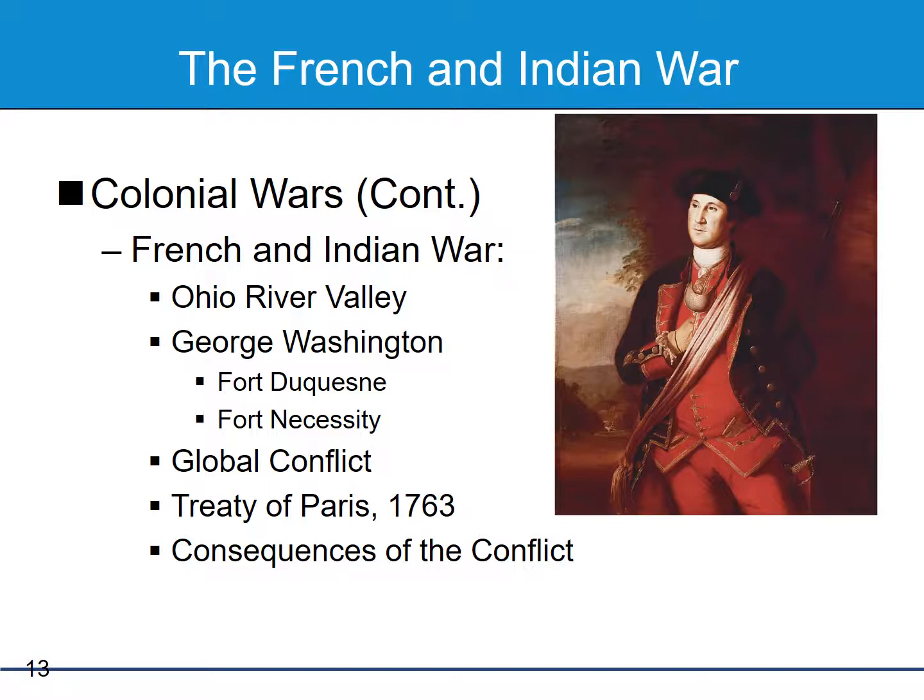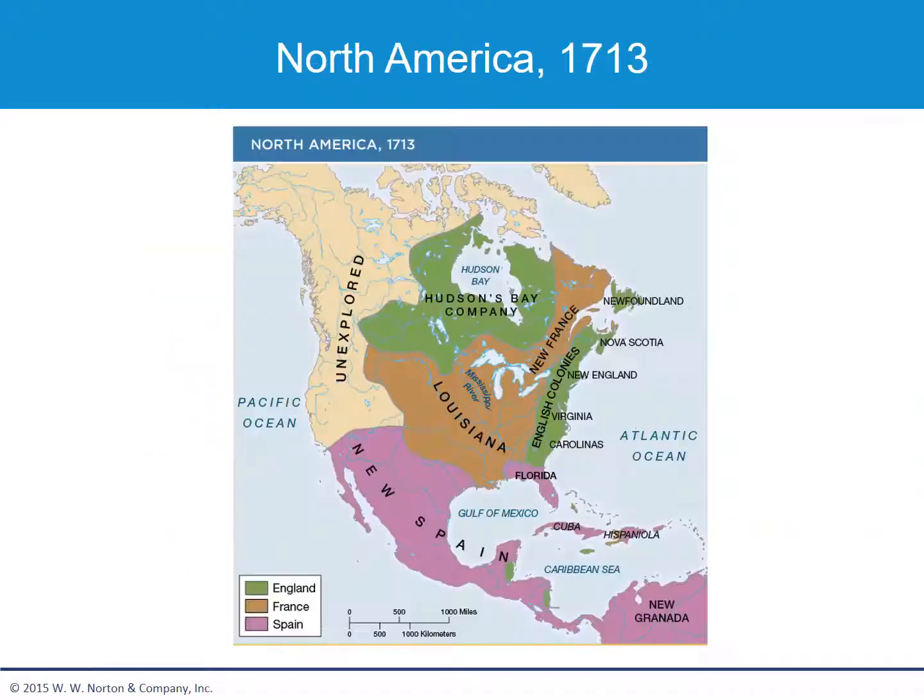So that is going to begin to have some huge consequences in the relationship between the British and their North American colonies, because their relationship will also change, which we'll talk about later in the PowerPoint.